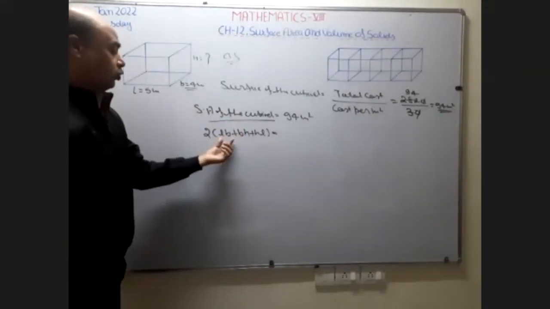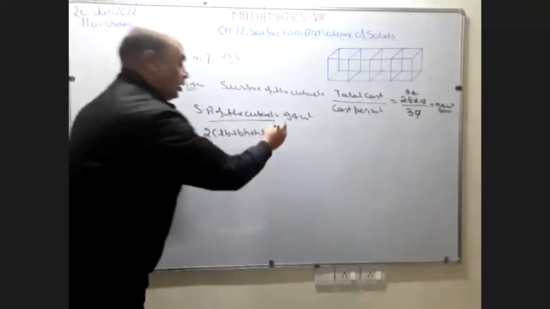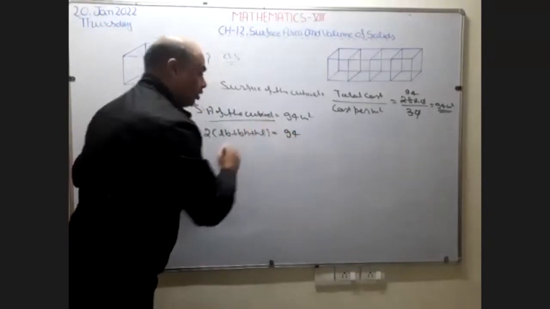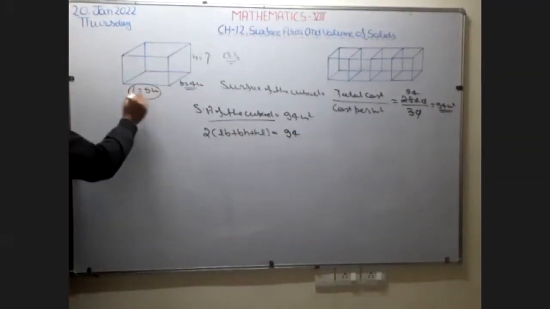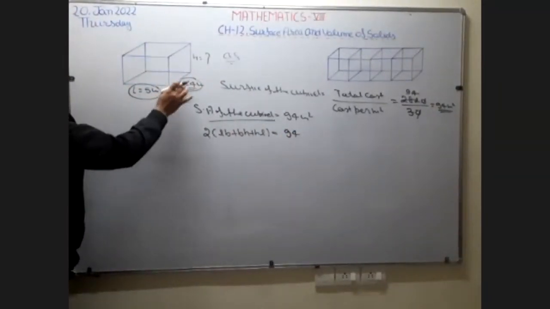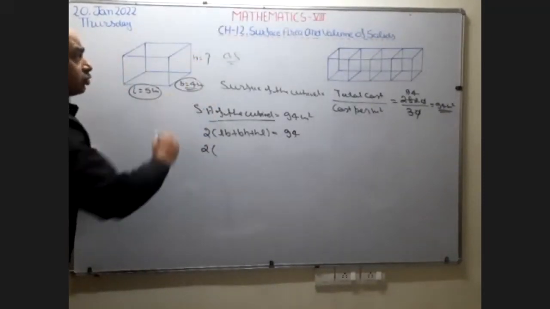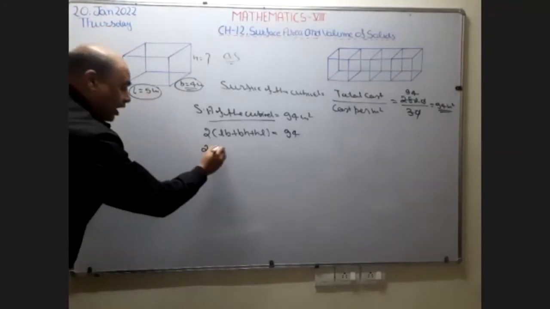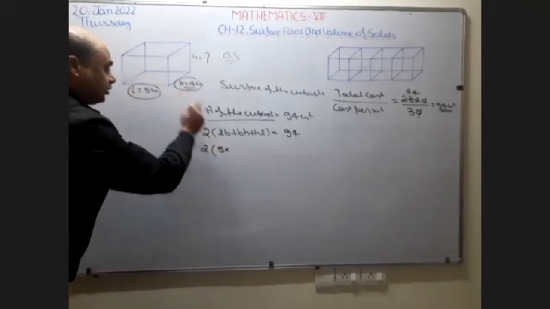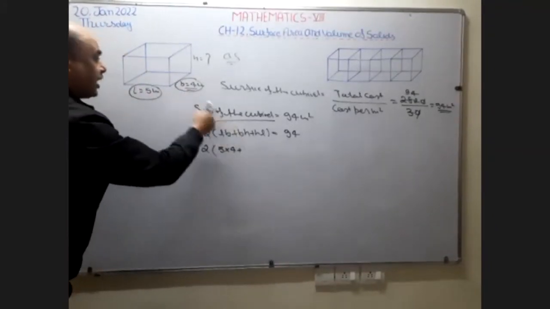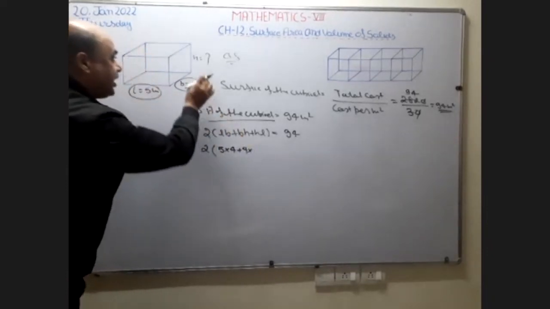Surface area of cuboid, 2 into (LB plus BH plus HL), is equal to 94. Now what is given? Length and breadth are given, these two sides are given, but height is not given. So it is going to be the same as question number 6. What is length? 5. What is breadth? 4. What is height? Height is not given.